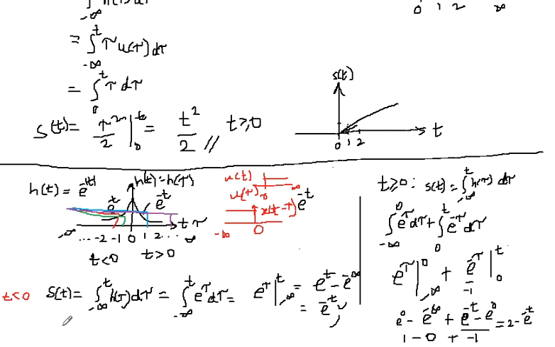We can write that this way: s of t is equal to e raised to minus t for t less than 0, and 2 minus e raised to minus t for t greater than or equal to 0. So understand these and solve the other problems.